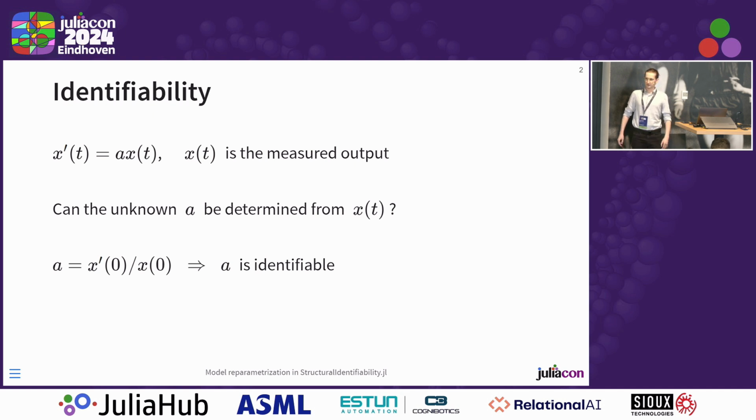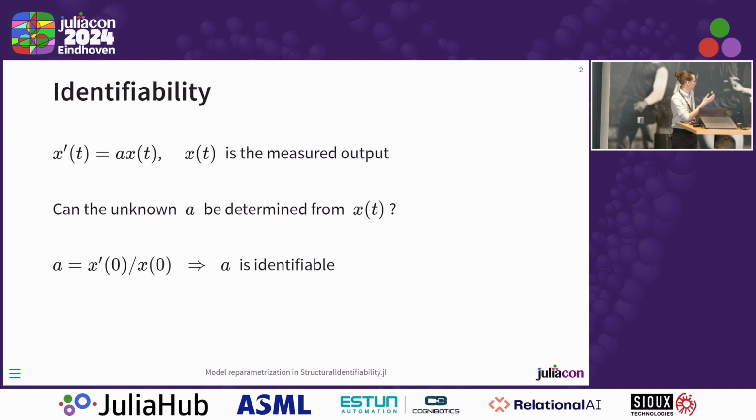So, roughly speaking, structural identifiability is a property of a dynamical model that determines if a parameter in the model can be recovered uniquely from the measured data. So let's say I'm a practitioner, I want to model some phenomenon in nature. I cook up some exponential growth model, right?